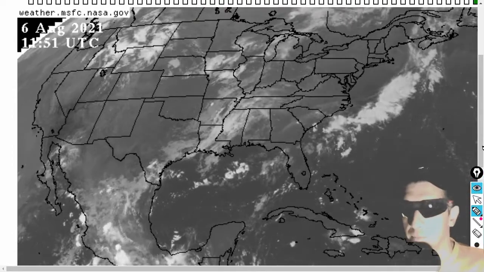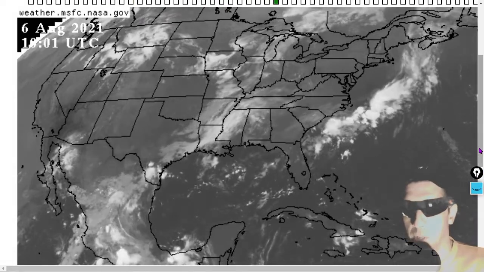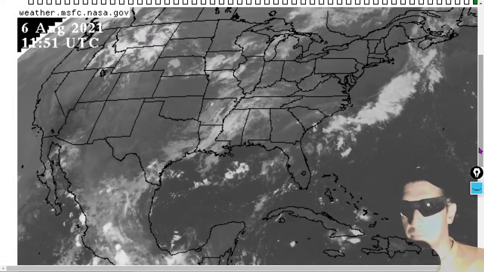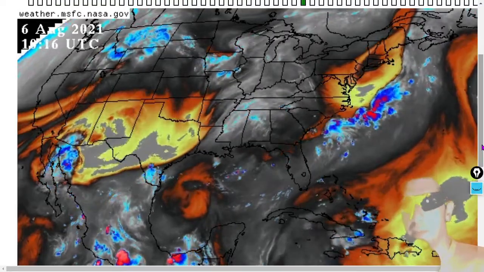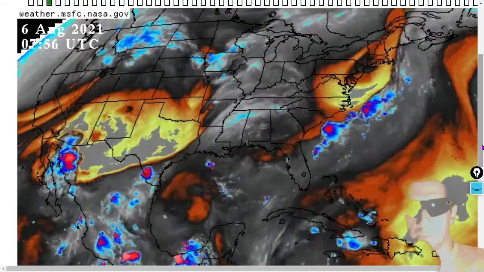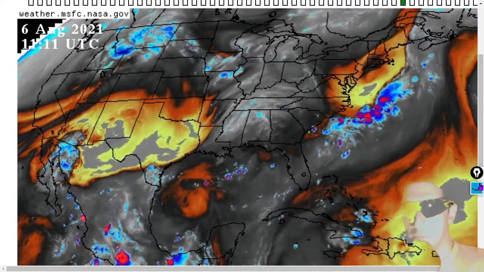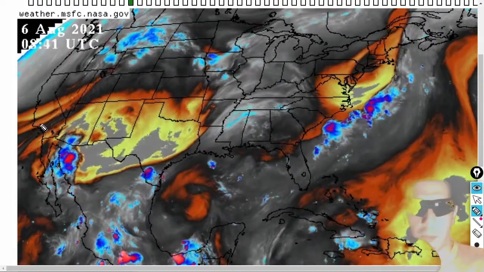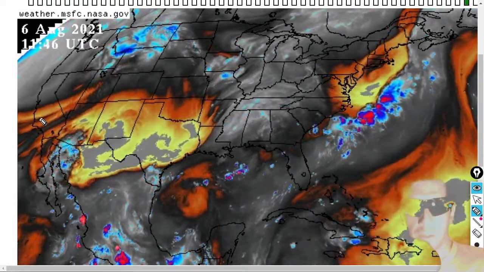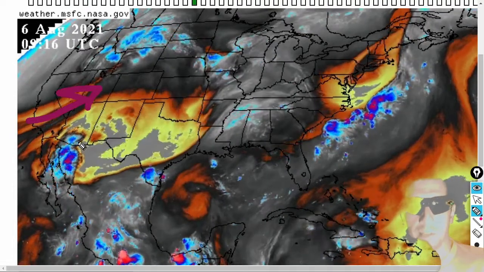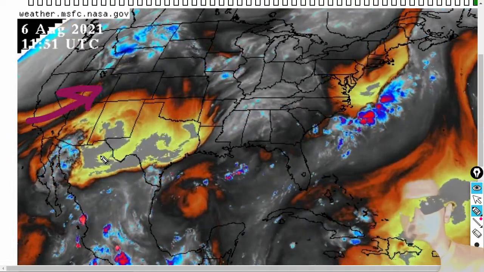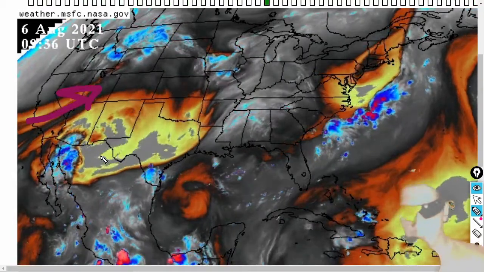Next, the cloud layer. And there's what's currently going on in the cloud layer. Here's the water vapor map. And there's actually some dry mass of air right down in here. Looks like it's trying to move to the northeast there.